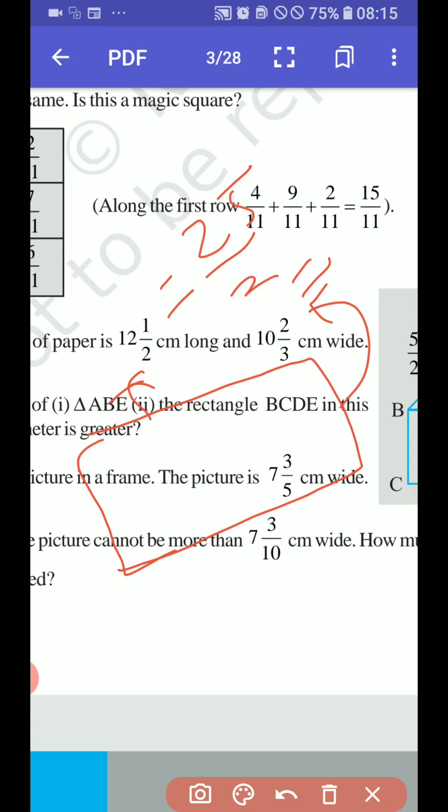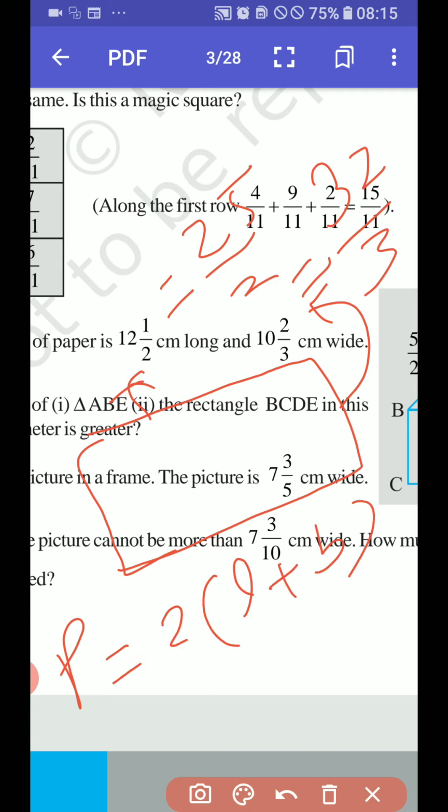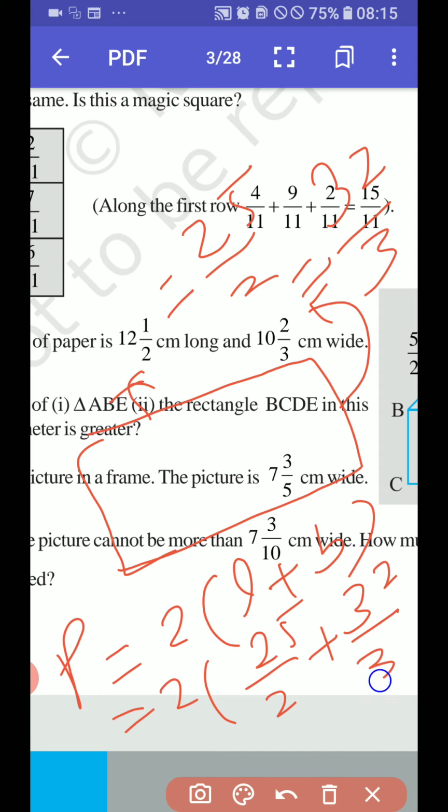Also convert this mixed fraction into an improper fraction. 10 times 3 is 30, 30 plus 2 is 32 by 3. Now the perimeter P equals twice of L plus B, equals twice of what is the length, 25 by 2, plus what is the width, 32 by 3, right?